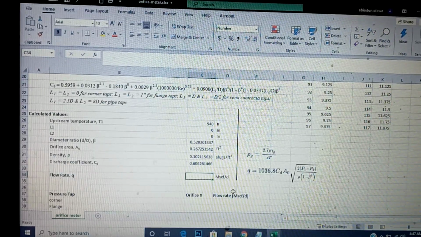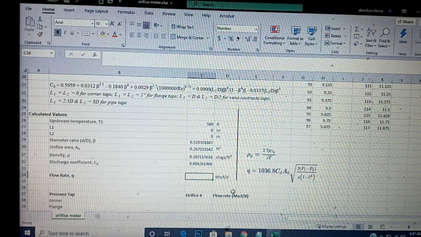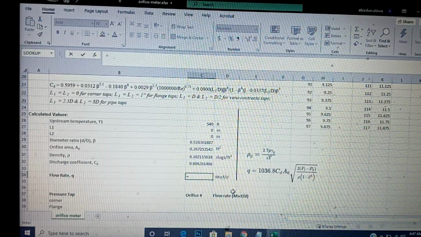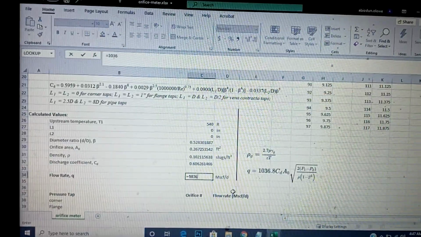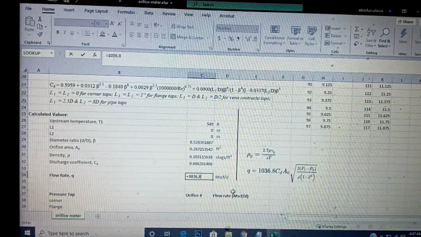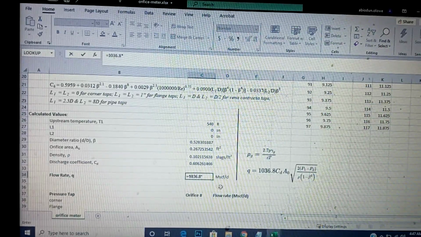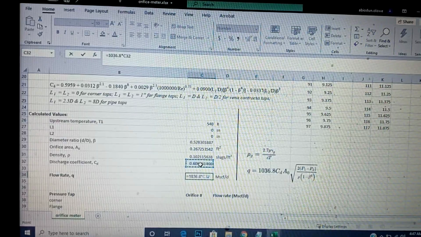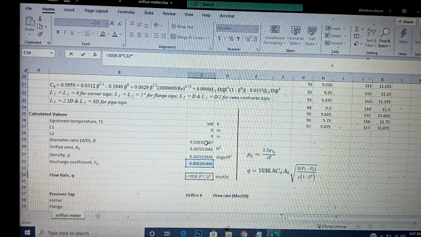Now I'm going to put the formula there, equals 1036.8 multiplied by CD. I click on that, C32, then multiply by area.